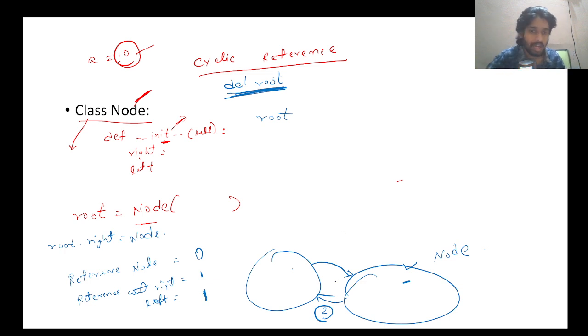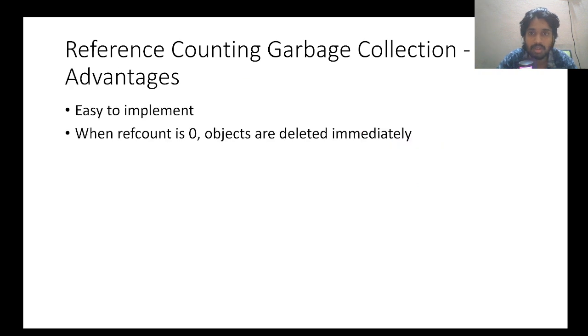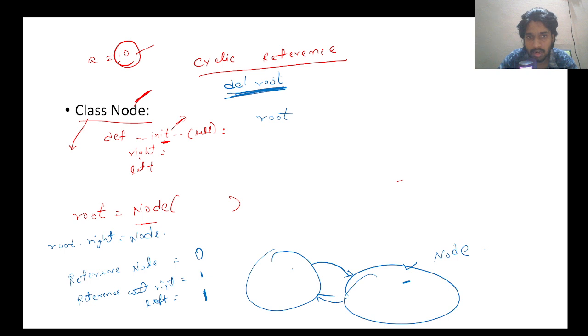Now tell me, how can we garbage collect these particular objects? Because we know that when we use reference counts, when the reference count is 0, objects are deleted immediately. For the root node object, when the reference count became 0, it got deleted.